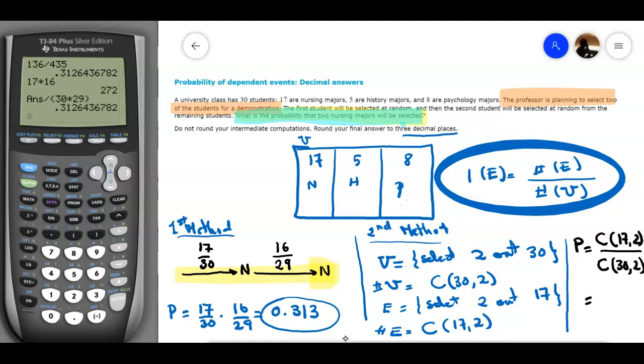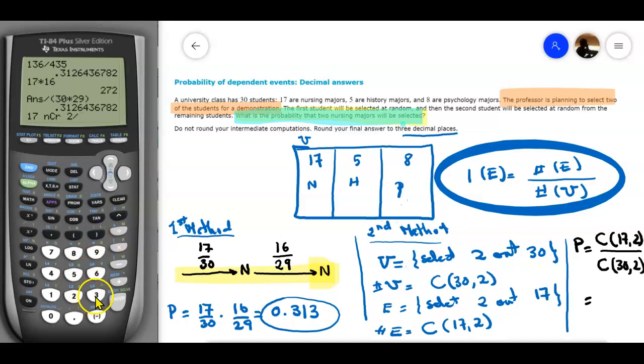All right, so now we're going to do it on the calculator. Let's see how we can do this. In order to type combination 17, 2, I'm going to start with 17 first, go to math, go to the left side to reach probability, and then go to number 3, which is nCr, enter, and that's going to be 2, and then divide.